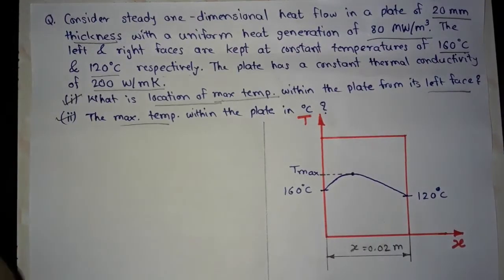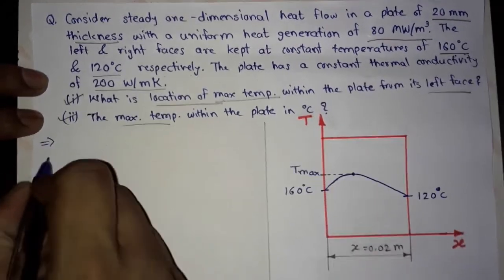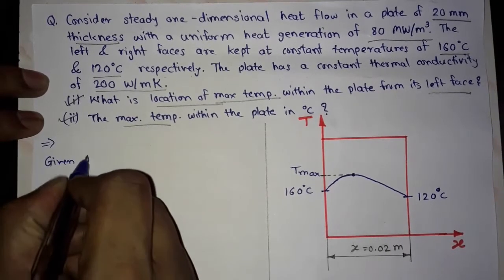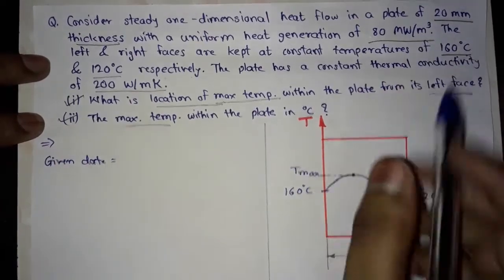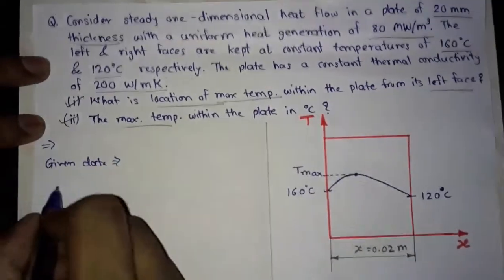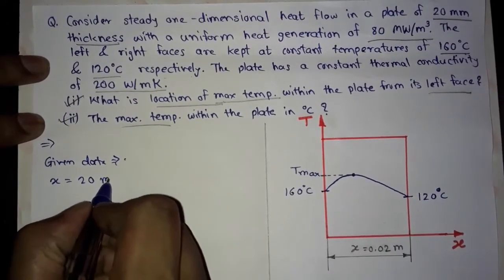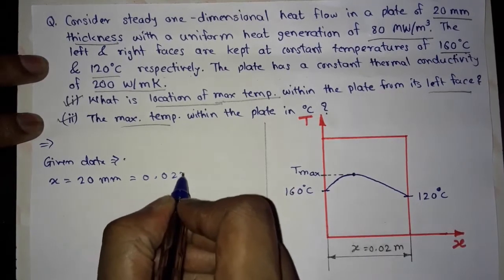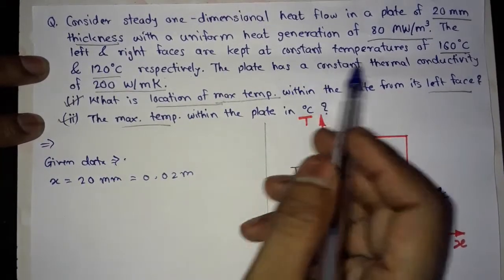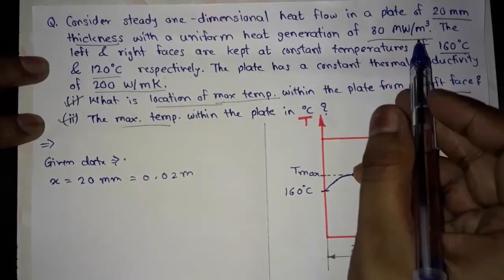Okay, now friends, let's first read the given data. Given data is equal to, here we have plate thickness x is equal to 20 which is equal to 0.02 meter. Then we have heat generation, which is 80 megawatt per meter cube.